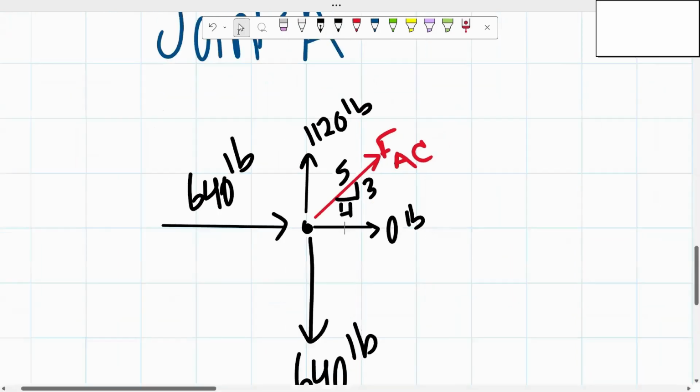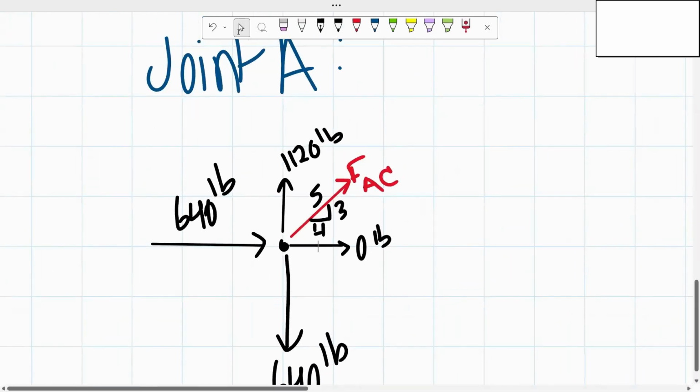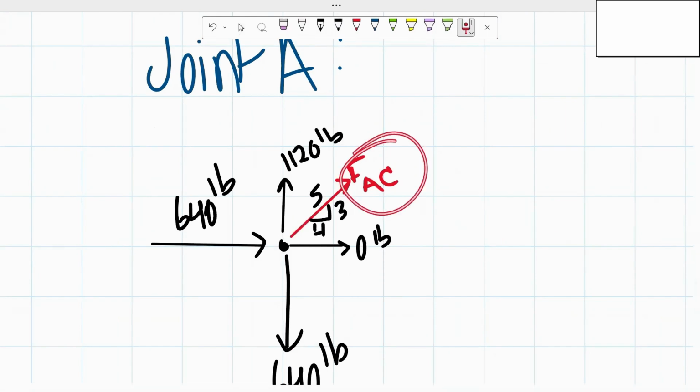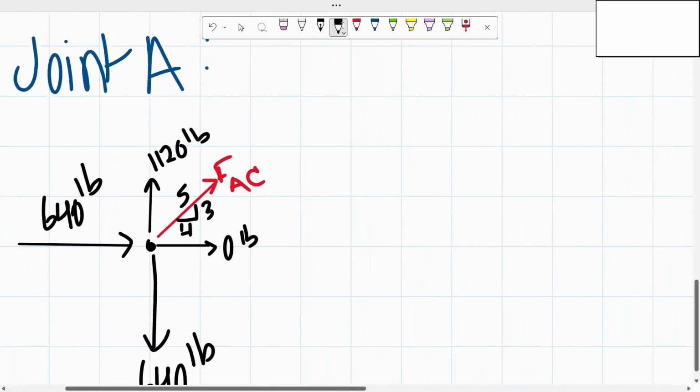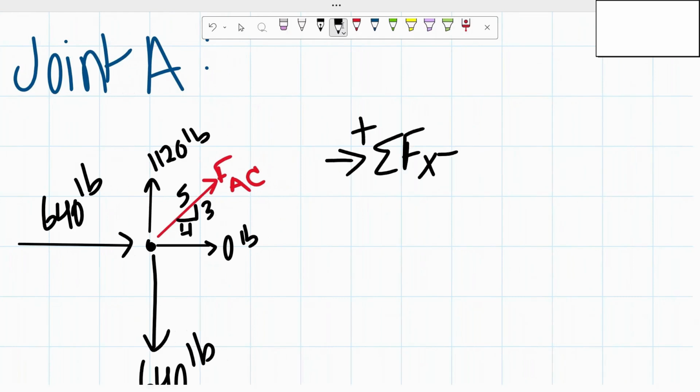There we go. So what I'm going to do is take the sum of the forces in the x direction, since it would just be the force of the member AC and the 640 pounds. If you were to take the sum of the forces in the y direction, you would still get the same answer, so it doesn't really matter. So we have positive 640 pounds.